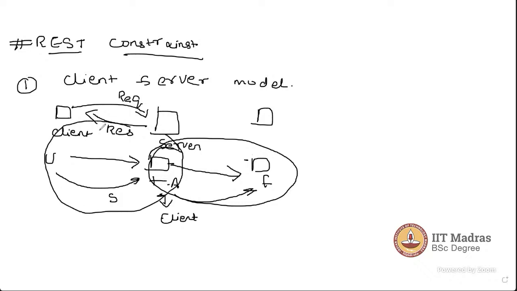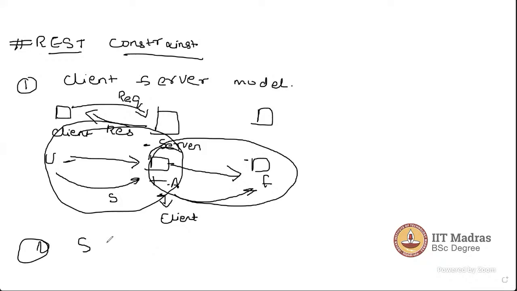A machine can act as a client and a server, but it depends on the request-response cycle also. So this is the first constraint, that it must follow a client-server model, and the separation of client and server is important. The second point is that any machine can act as a client or act as a server.